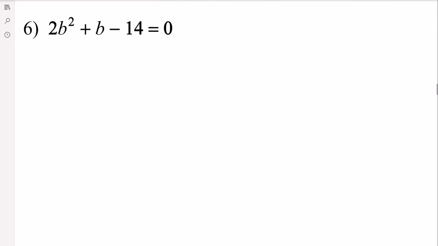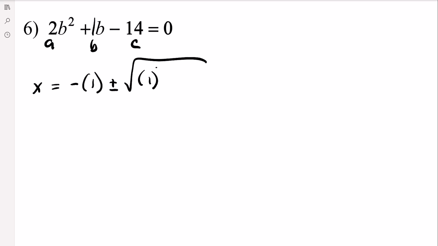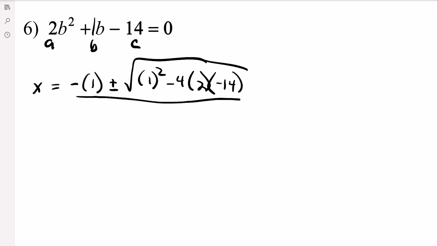Okay, we're going to try another one. There's your A. The B value is the invisible 1. There's our C value. So x is equal to the opposite of B, plus and minus the square root of B squared minus 4 times the A value times the C value, all over 2 times the A value.